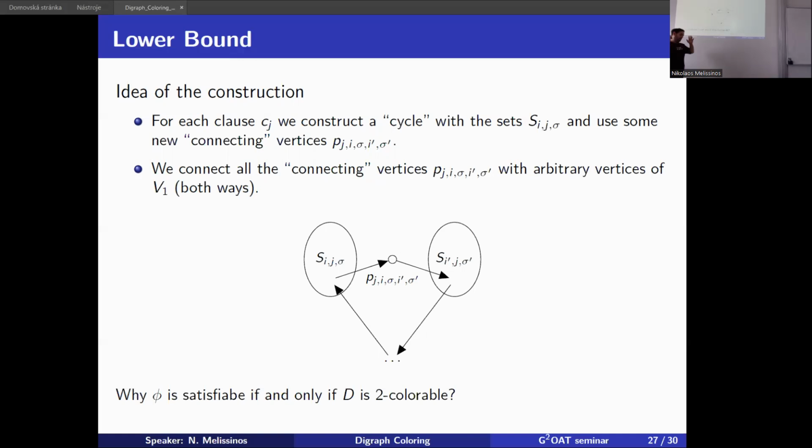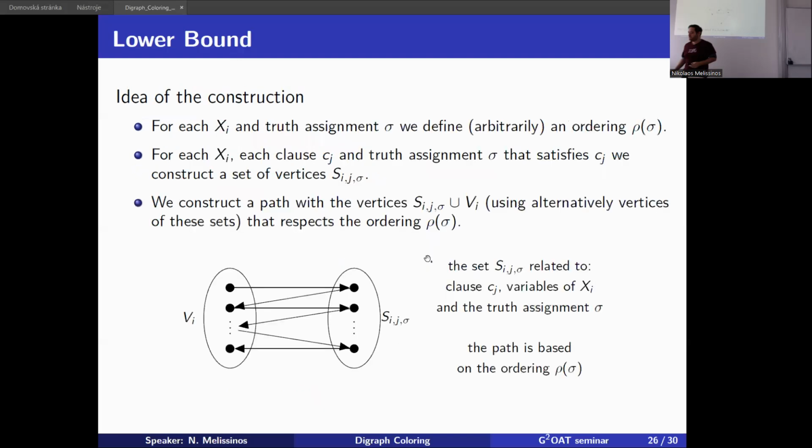Okay, so let me give you a bit of the high level of why this works. Assume that we have a satisfying assignment. Then we color all those sets that are related to the assignment that we have with one color, and the other sets with another. So we have destroyed all the cycles related to clauses. Now this becomes a bit more complicated because we have this part here.